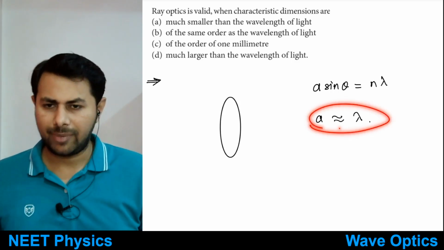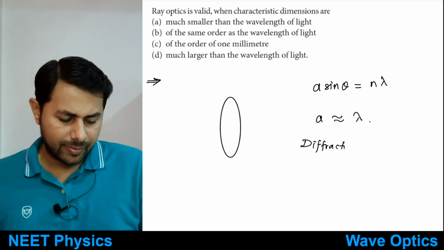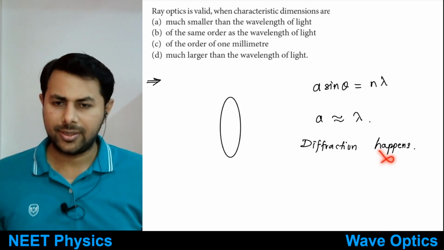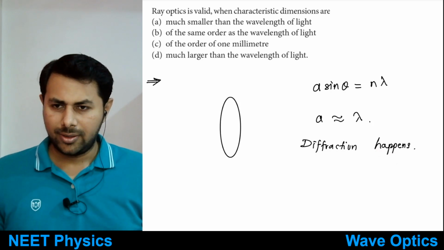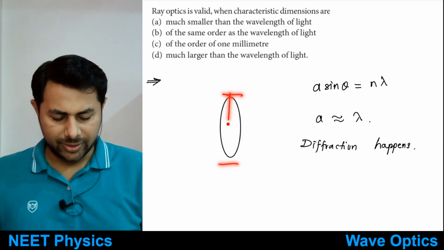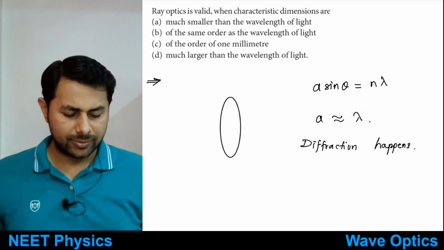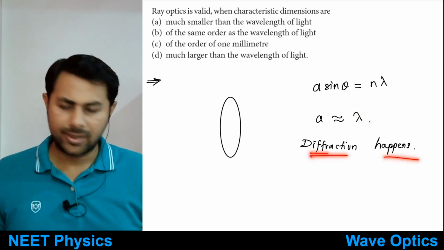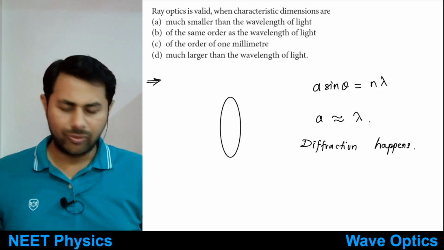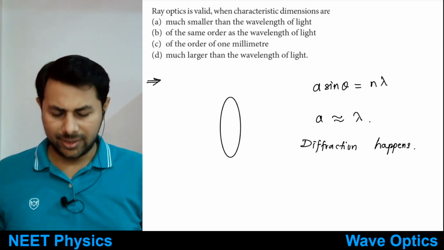Then diffraction will happen, and you cannot neglect the effect due to diffraction. But if a, the size of this obstacle, is very large compared to lambda, then you can disregard the effect due to diffraction. You can forget about it because it will be very small. This thing is clear, everyone?